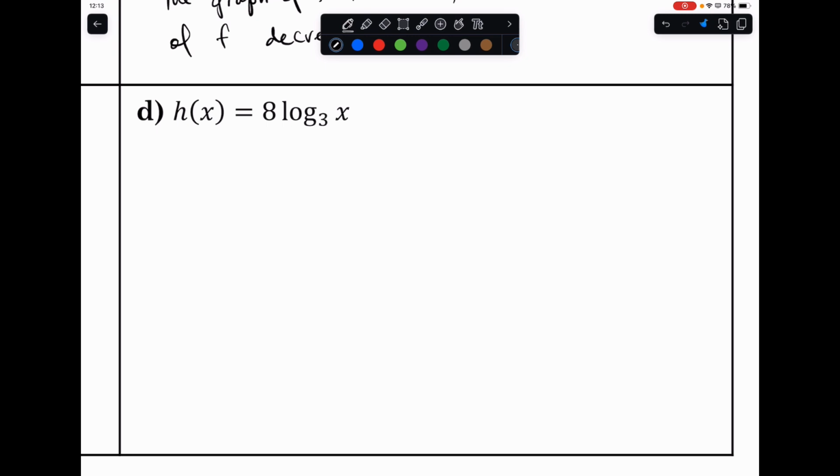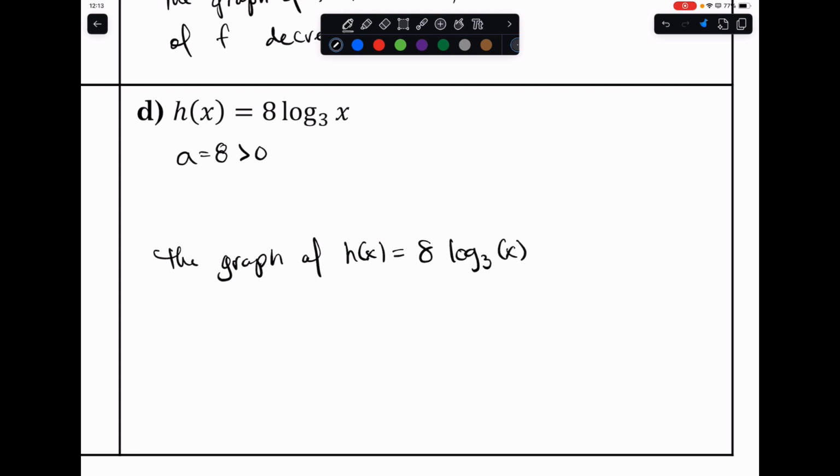And the same thing with this example and the last example that we have right here. Since the value of a is 8, a positive number, then that means that the graph of h of x equals 8 times the log base 3 of x increases. And the rate of change decreases.